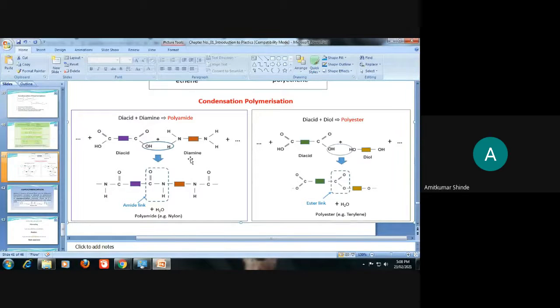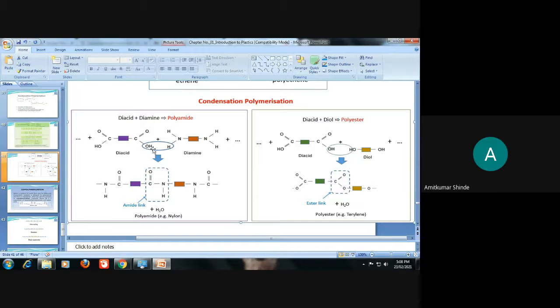Now what will happen here, whichever functional group is there. I think you are not aware of these terms. Whichever chemical group is there, as alcohol has the OH group, that will get eliminated.